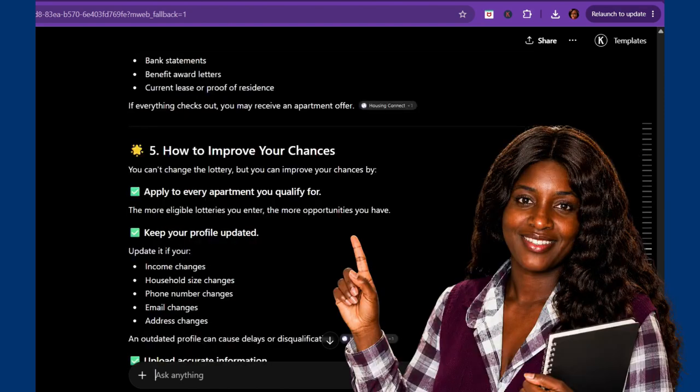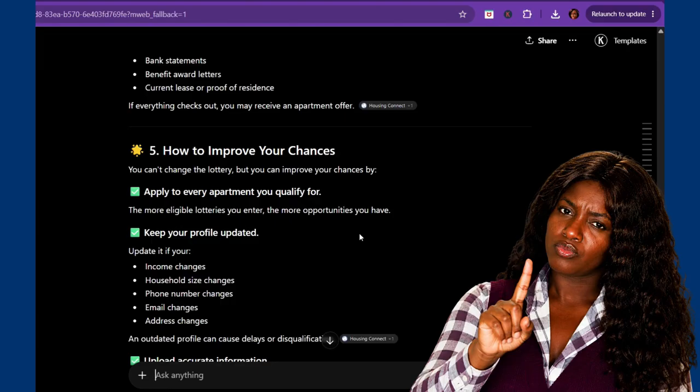Number 5, how to improve your chances. You can't change the lottery, but you can improve your chances by applying to every apartment you qualify for. Do not apply for an apartment that you cannot afford.